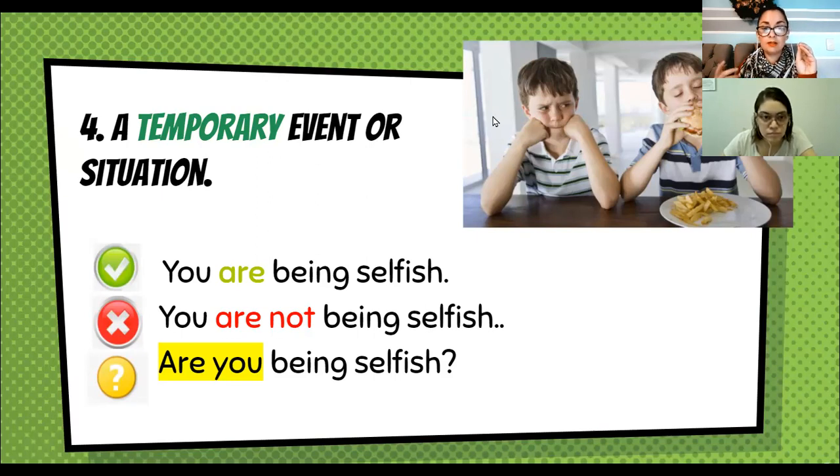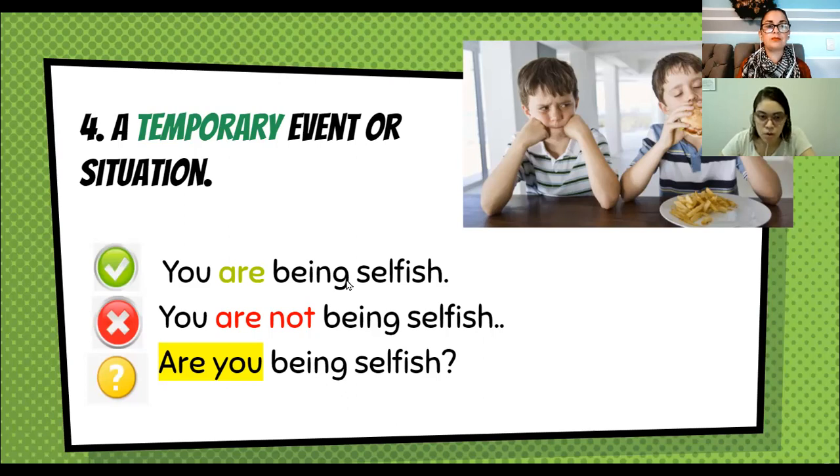You are being selfish. Now, what's the difference right here? Look, the verb to be is here twice. It's acting as the auxiliary and it's acting as the principal verb or the main verb with the ing. The verb is be with ing, being, siendo. Estás siendo. You are being selfish.